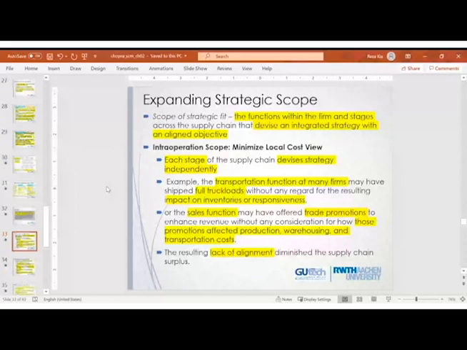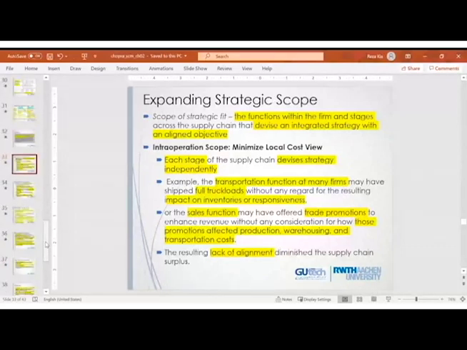And the last part of this chapter is related to expanding the strategic scope. So here we will start with a lower scope, and then we will continue to extend to other scopes.